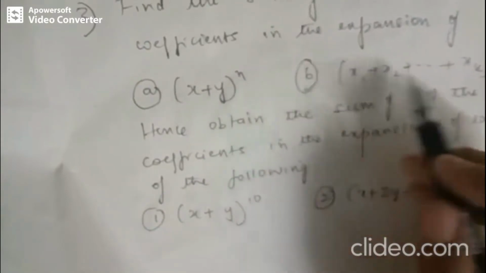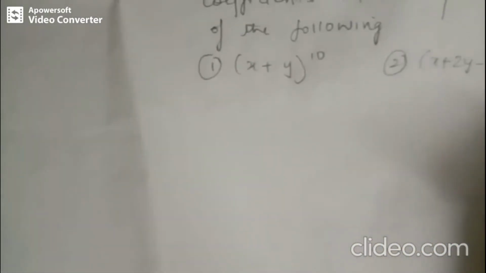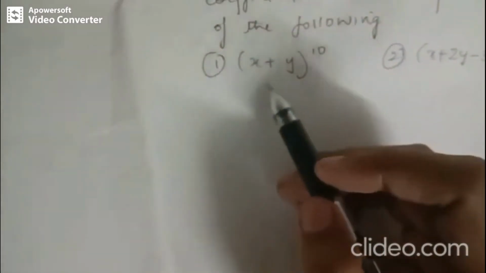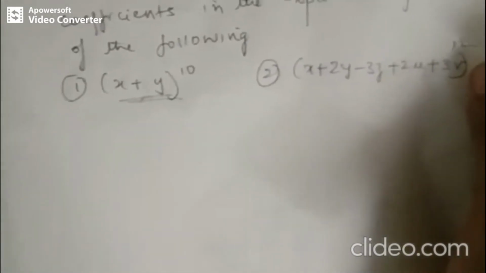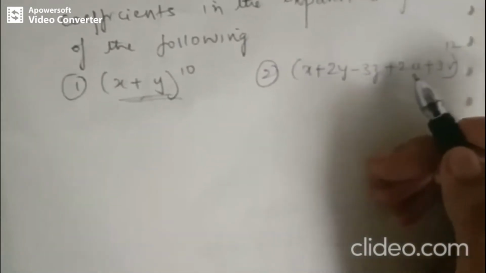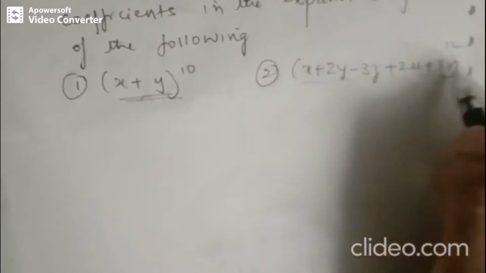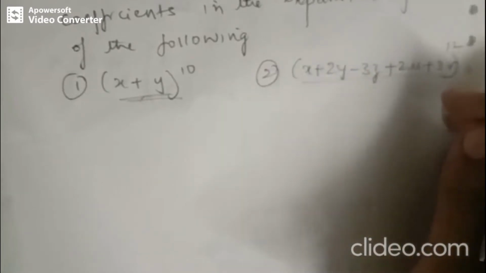Based on this expansion, you are supposed to obtain the sum of the coefficients for (x plus y) raised to 10 and (x plus 2y minus 3z plus 2u plus 3v) whole raised to 12. This is an important question.